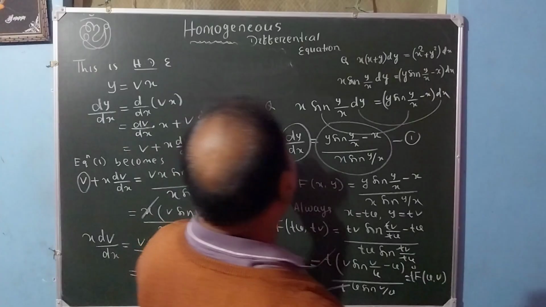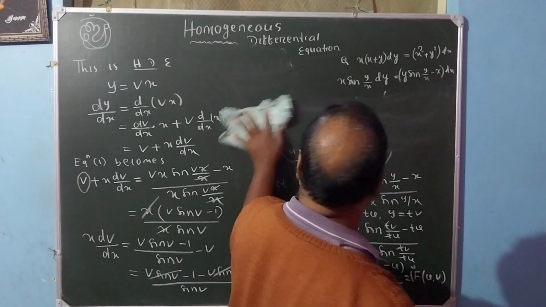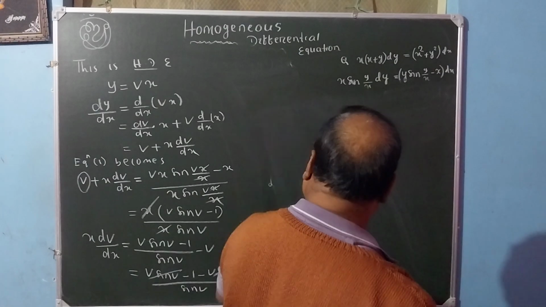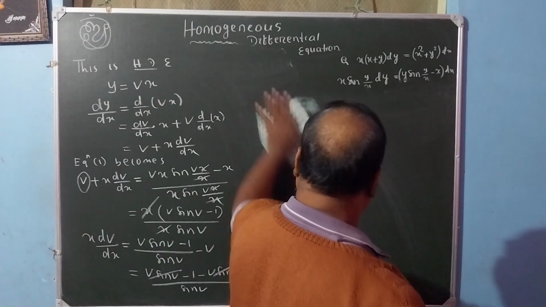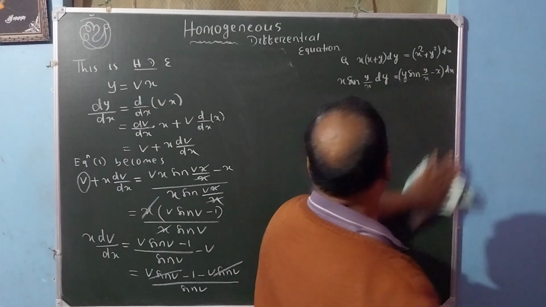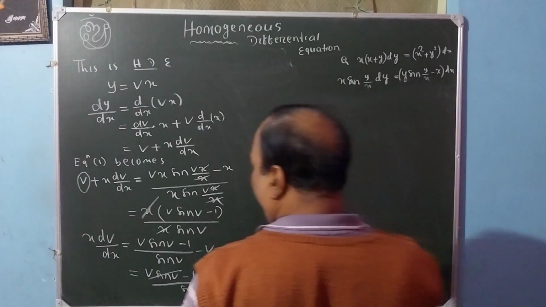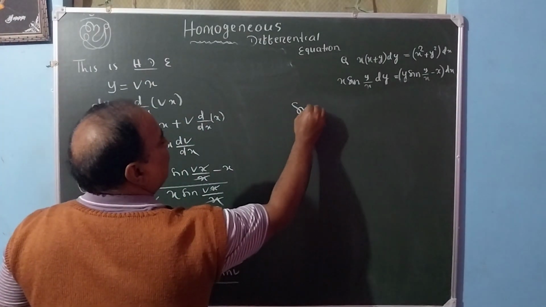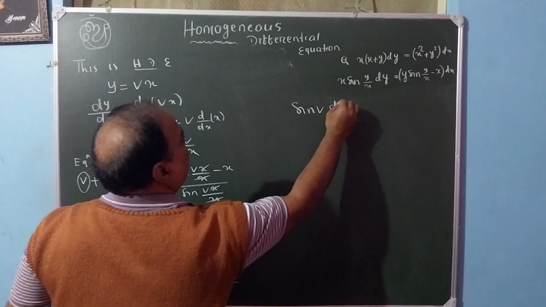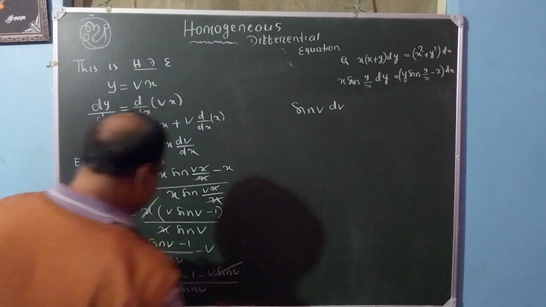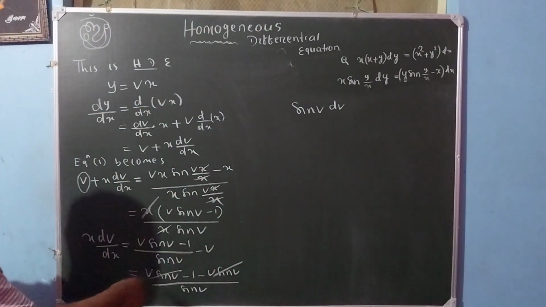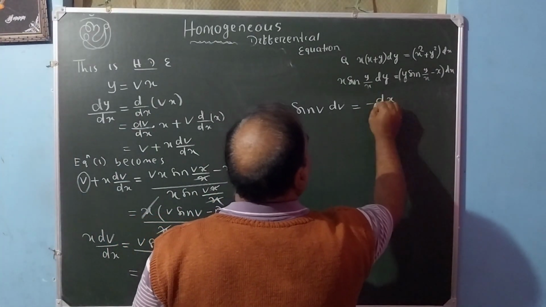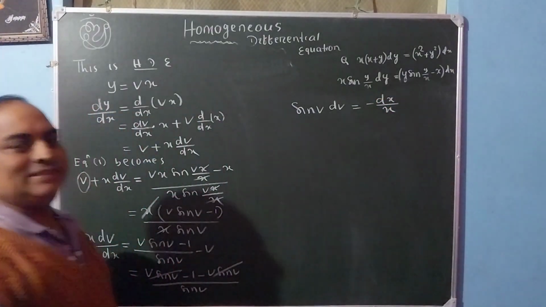Write down, separating the variables. How can you do it? So sin v will be multiplied here: sin v into dv is equal to minus 1 times dx by x.